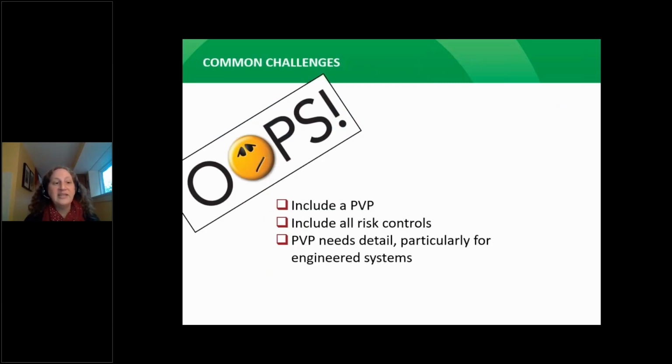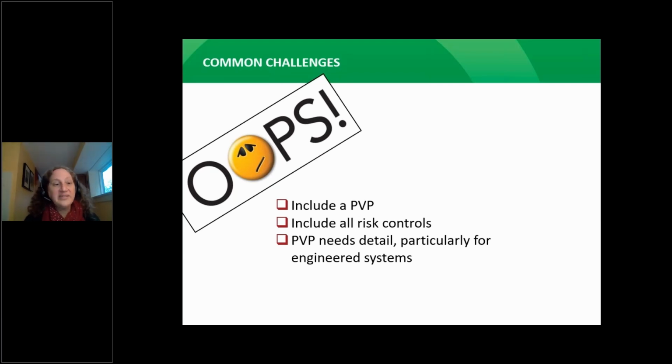A properly completed PVP is an important and potentially time-saving step in the application process. Some common challenges that the ministry reviewers can encounter when reviewing PVPs include the fact that the PVP is not submitted, or a PVP has been submitted, but not all the risk conditions are included in it.